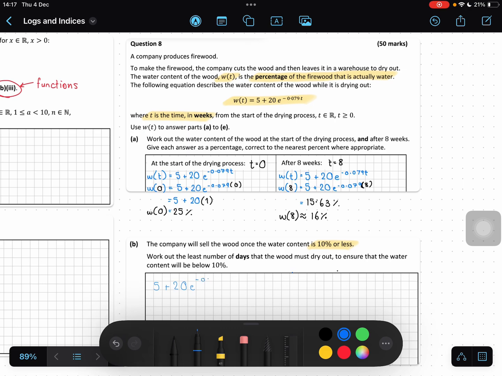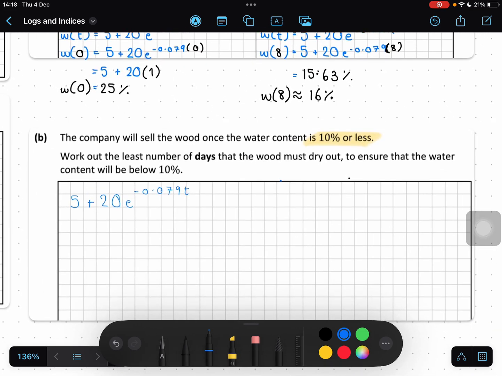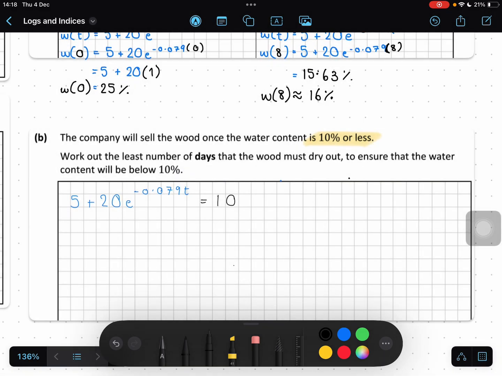So if I wanted to get when it gets to exactly 10%, when is it exactly 10%? It's when it's equal to 10. So I could do it that way. The other way you could do it is to solve it with a less than or equal to symbol. Again, you rearrange.